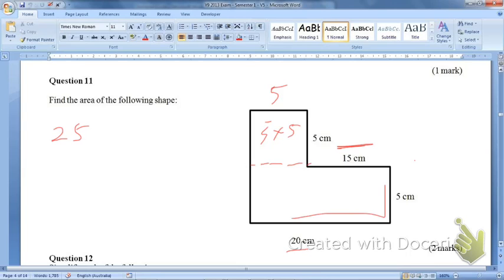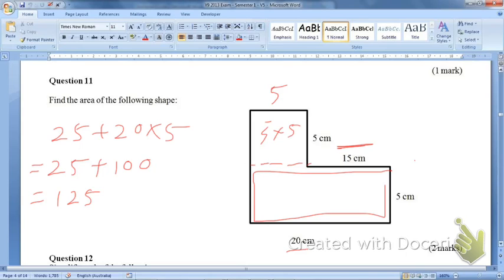This rectangle here is 20 times 5, so it's 25 plus 5 times 20 is 100. Our answer is 125 centimetres squared.